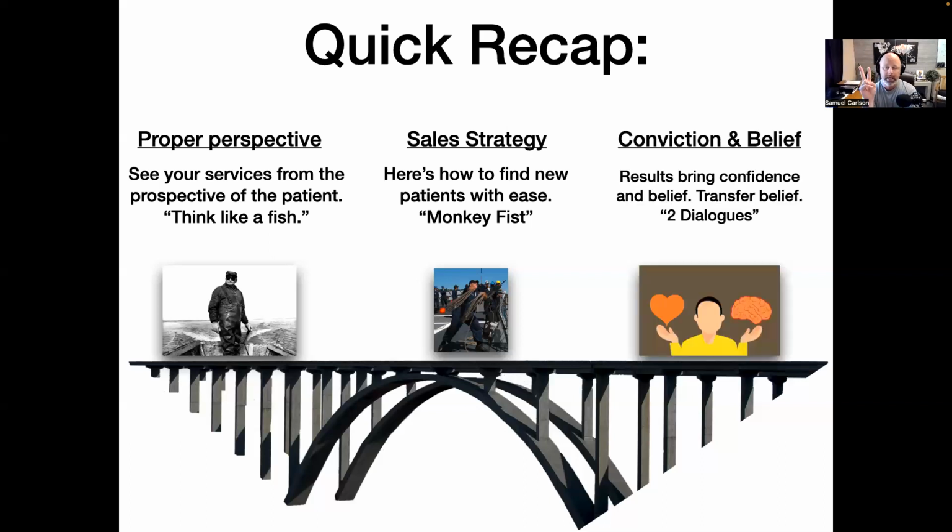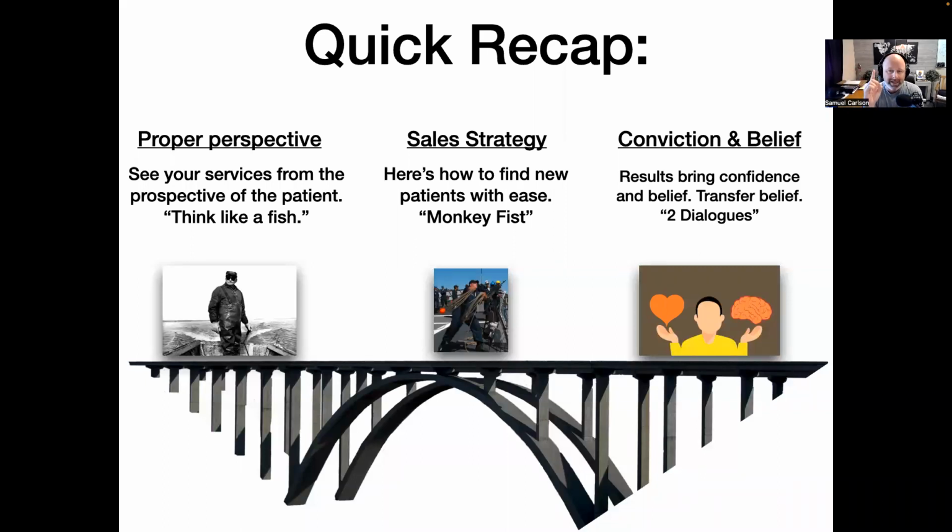Number three is conviction and belief. Now, I told a story about Dr. Ray Peavy, and it's a story that I share on a webinar. It's a story I share a lot. And if you've been to any of my other trainings, I'm guessing some of you are like, well, why does he tell this one story so much? Is that the only results they get?